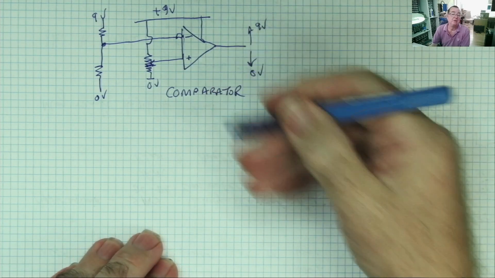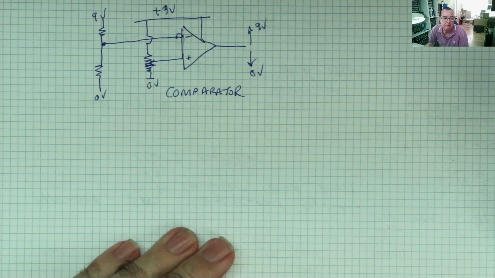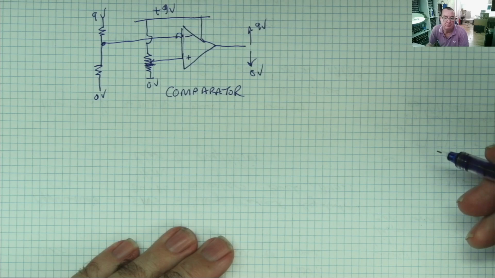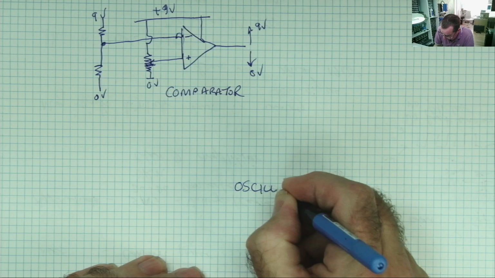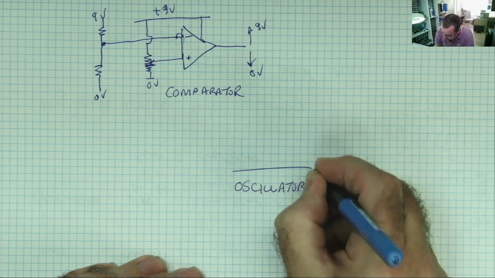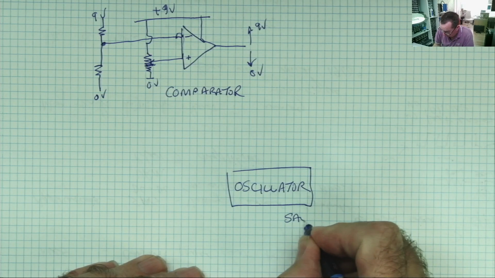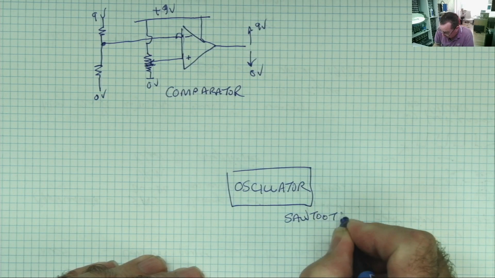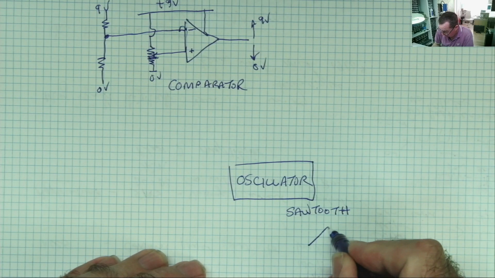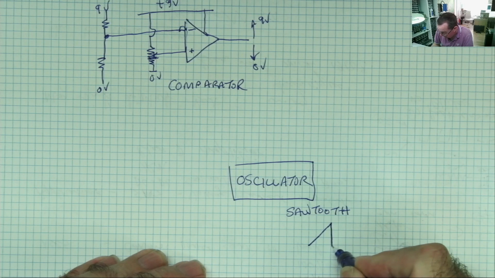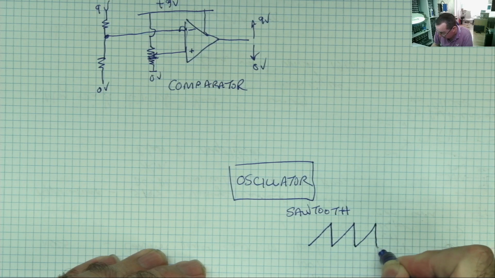It compares two voltages. How does that help us build a pulse width modulator? Well, we need one other part, and that is an oscillator, and we want a sawtooth. A sawtooth is a waveform that effectively goes up and then comes down instantly, goes up, comes down instantly, goes up, comes down instantly, and so on.